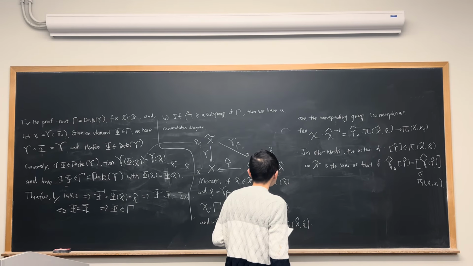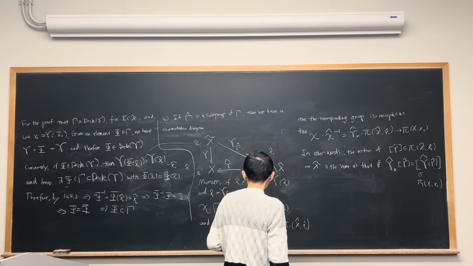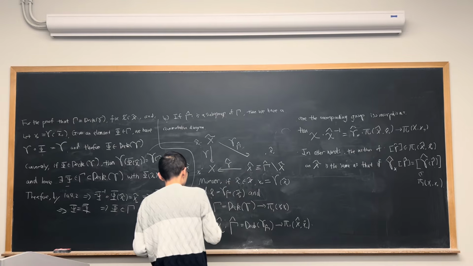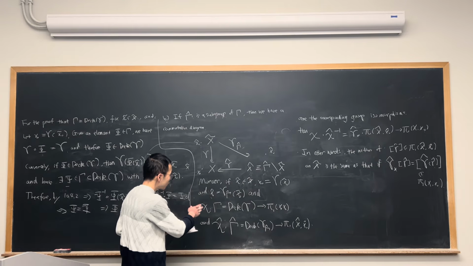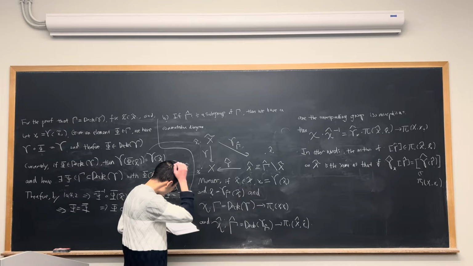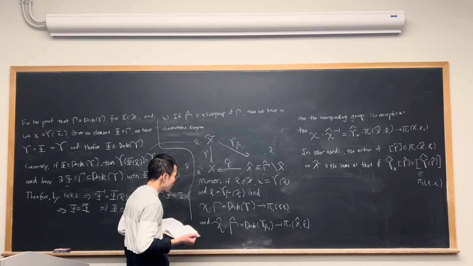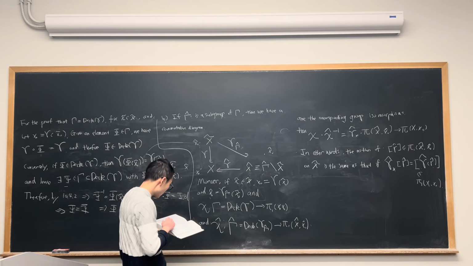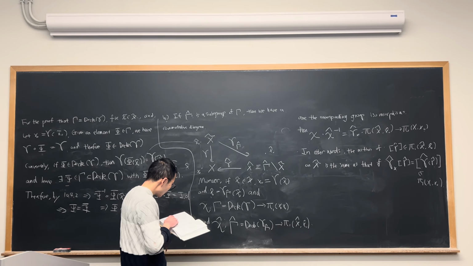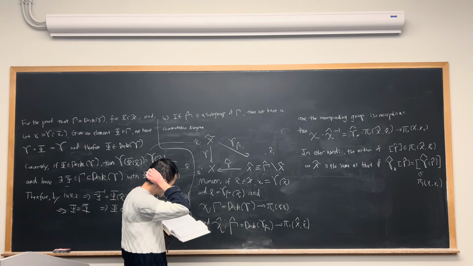Basically it says these are the corresponding group isomorphisms. I think what's going on here is, remember we proved in the first theorem that there is such an isomorphism between the deck transformation group and this homotopy group.